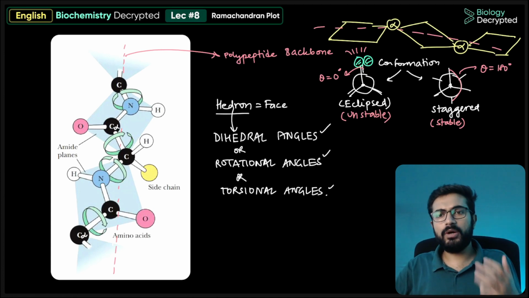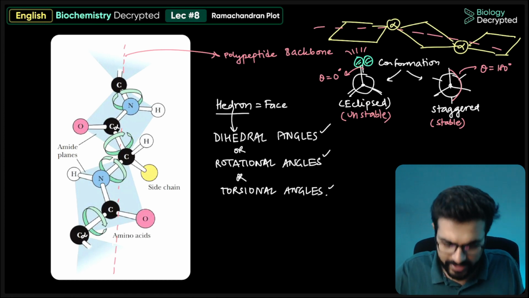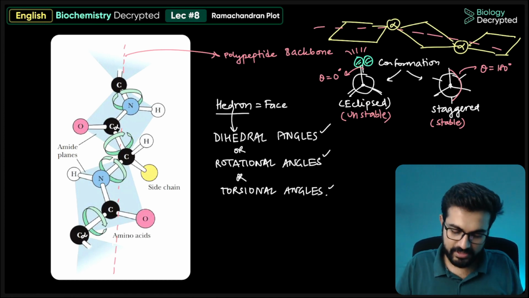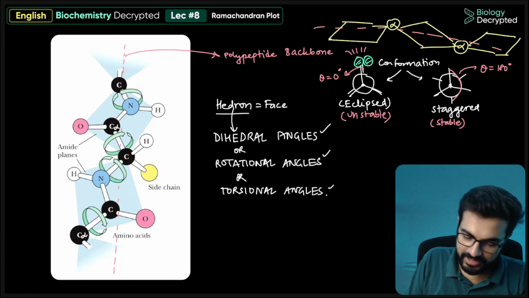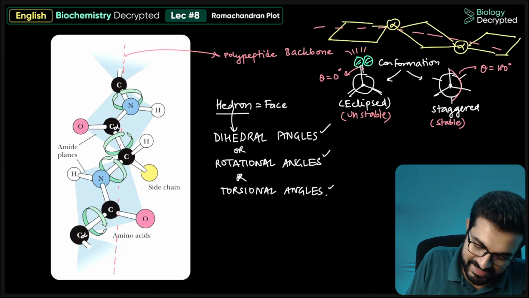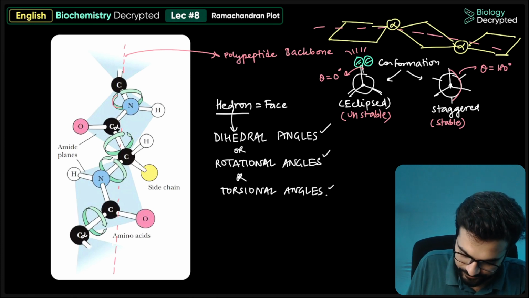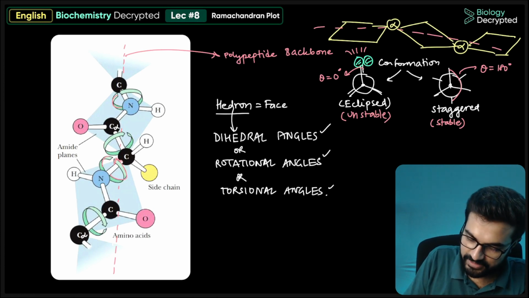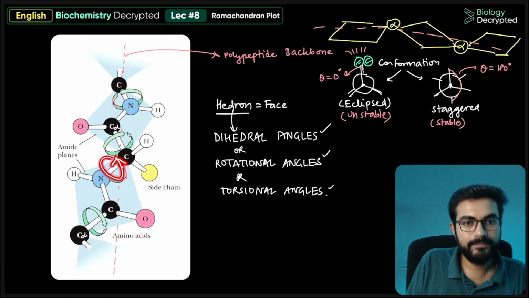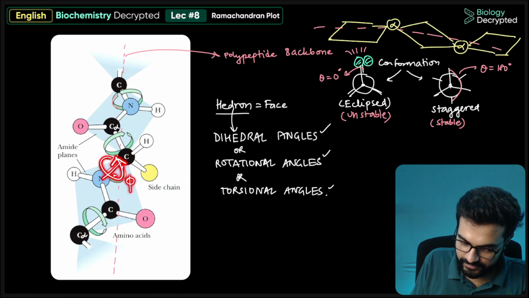Now let's talk about the dihedral angles in case of peptide bonds. If you see here, the one which is present between C alpha and N, the one you can see here, is known as phi.